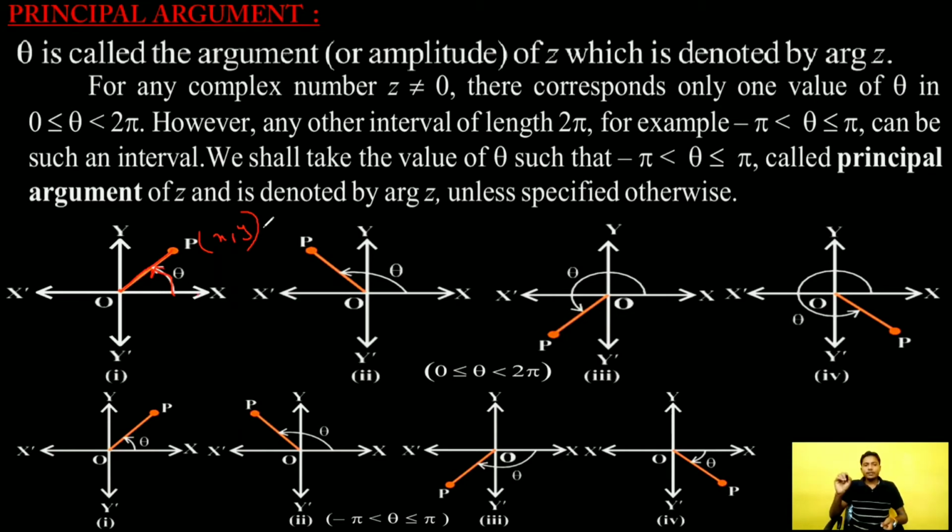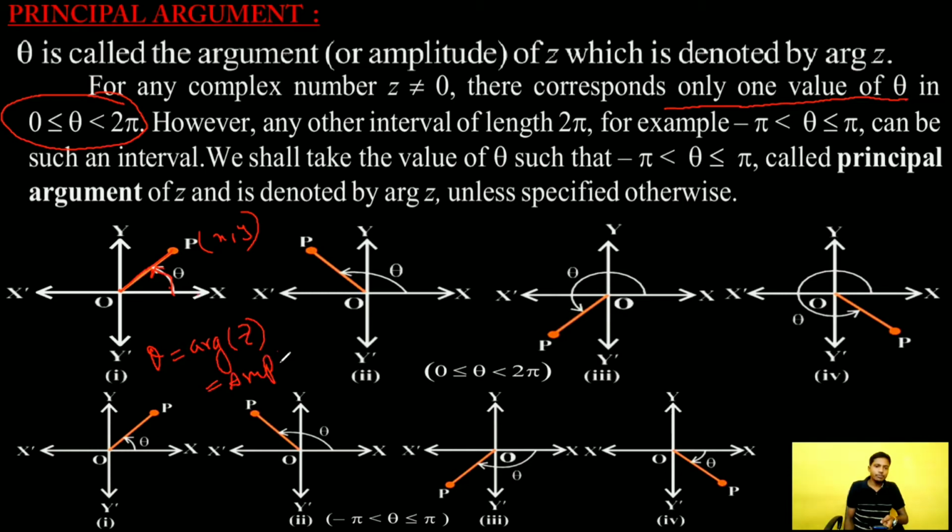For any point P(x, y) in the complex plane, there is only one value of theta in the range of 0 to 2 pi, and this theta is called the argument of z, arg z, or amplitude of z, amp z.